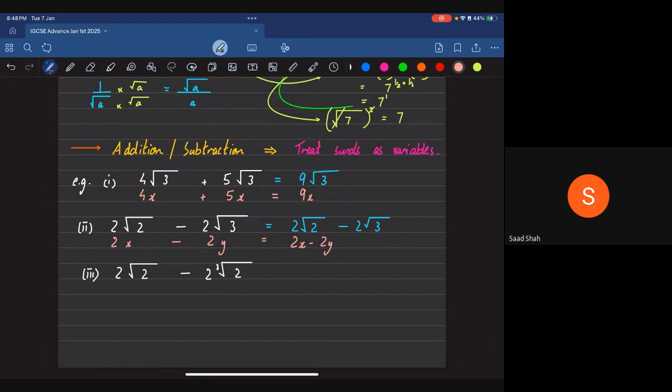Now, if this were variables, this would have been like x. And if there's a power on x, this would have been like x cubed or something like that. Can I subtract them together or add them together? No, I cannot. I'll have to leave it as it is.